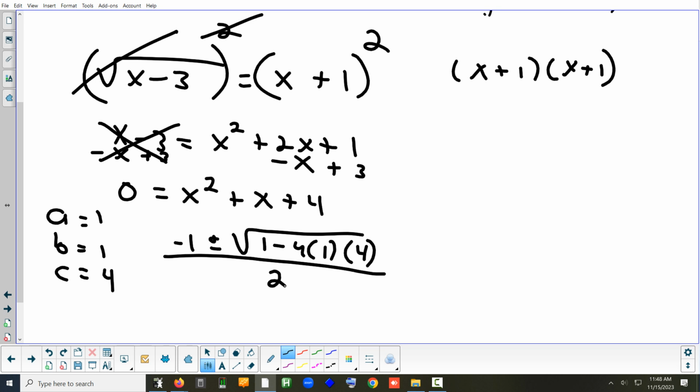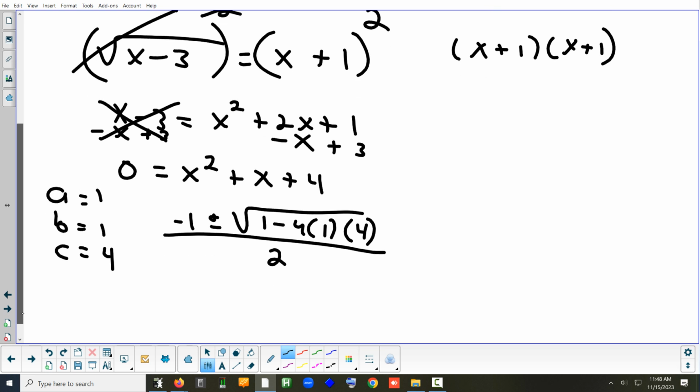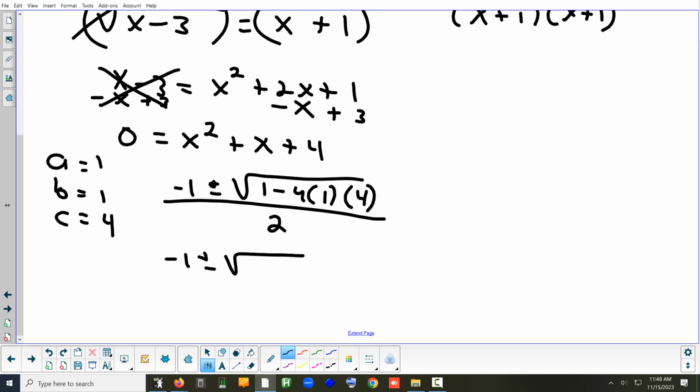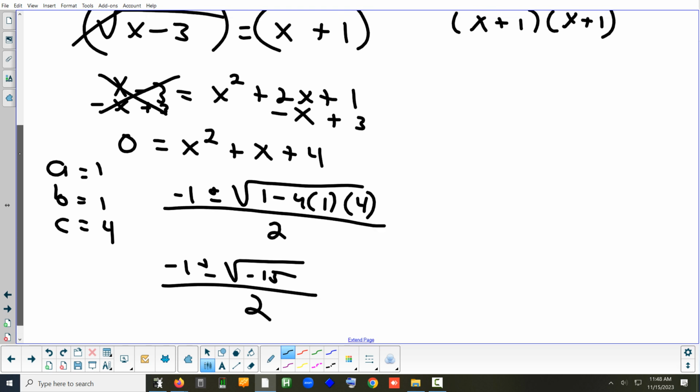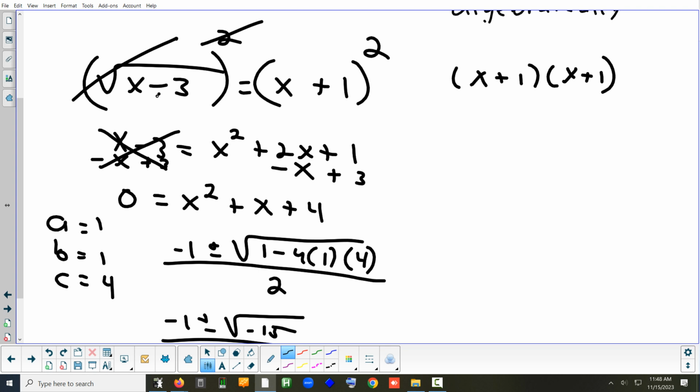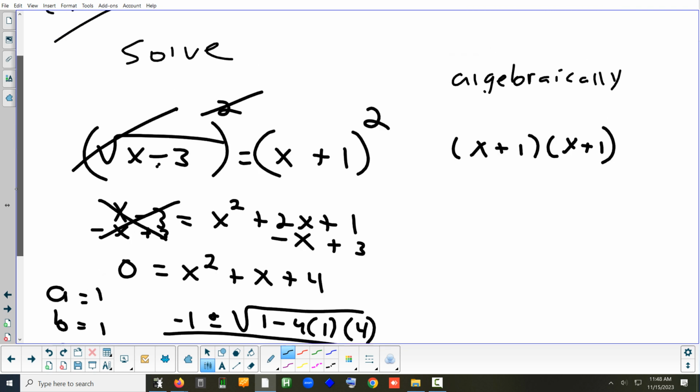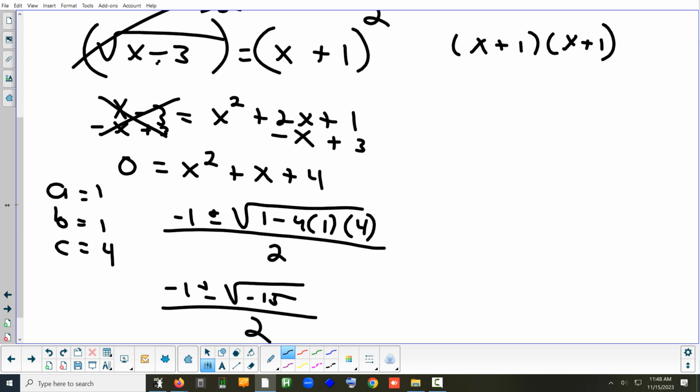If it did work, we would just simplify what's under the square root and we'd be done. But in this case, there's no solution. Had I made this a plus 3 right here, then the whole problem would have worked fine. But I didn't. Any question? So no solution.